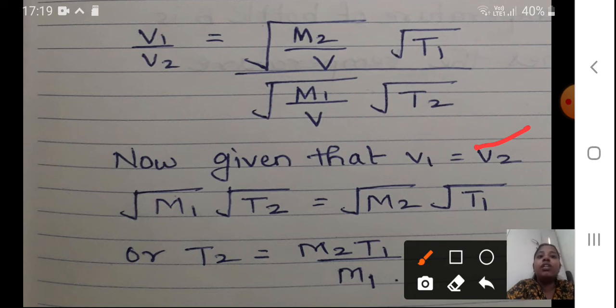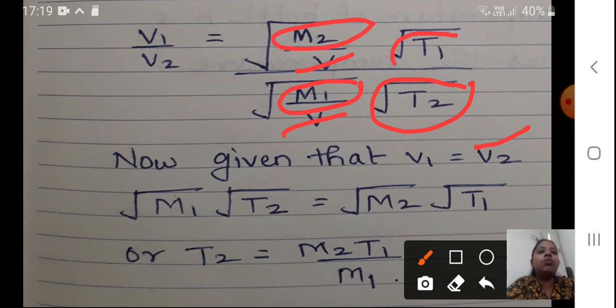So if V1 is equal to V2, students, can I write root M1 root T2 is equal to root M2 root T1? You know this V and V can get cancelled out because volumes are same. So what is remaining, students? Root M1 and this T2 is remaining, right? And M2 and this root T1 is remaining.